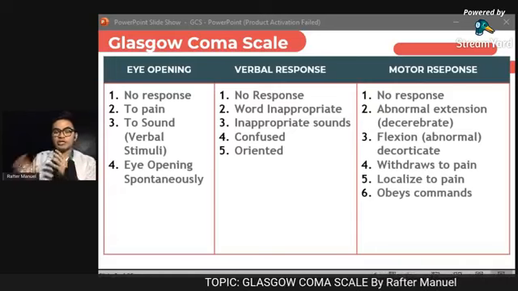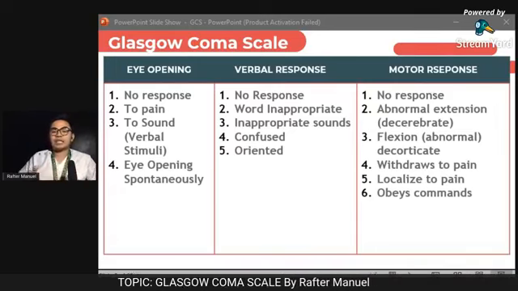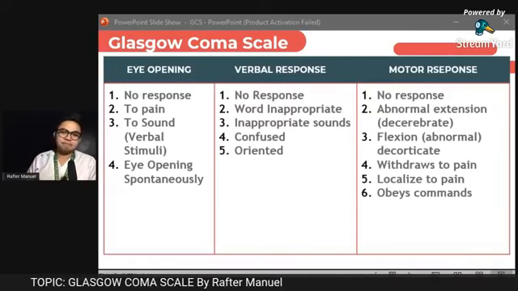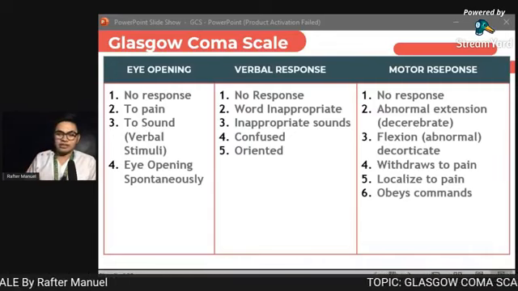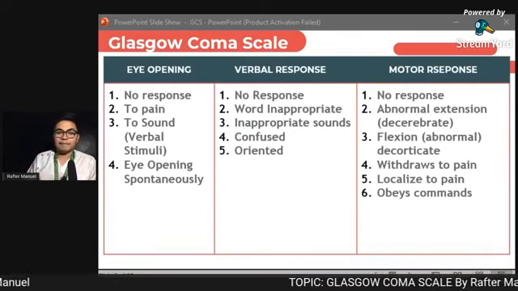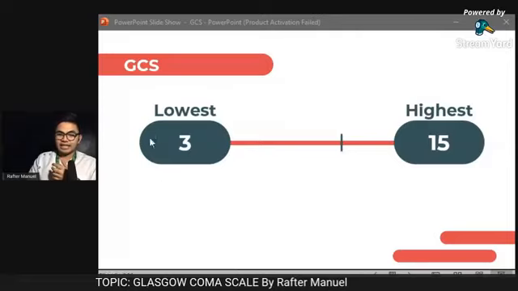Each of these components is split into separate criteria, and every word here that you see has a corresponding point. A normal response is the highest or best number, and the lowest is no response at all. So the best score you can achieve is the highest, 15, and the lowest is 3.